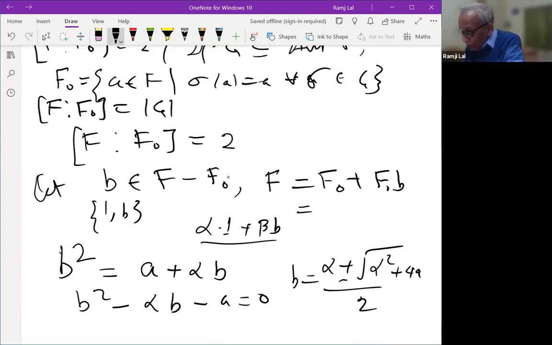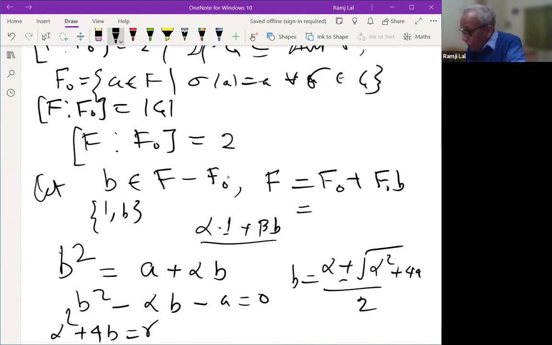So since this B is not in F, we take this to be an element whose square is in F. So alpha square plus 4B is an element, let me call it gamma. This gamma is obviously not in F naught, because B was not in F naught and alpha was in F naught.